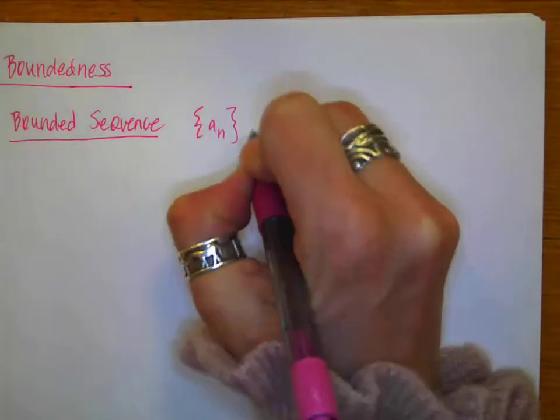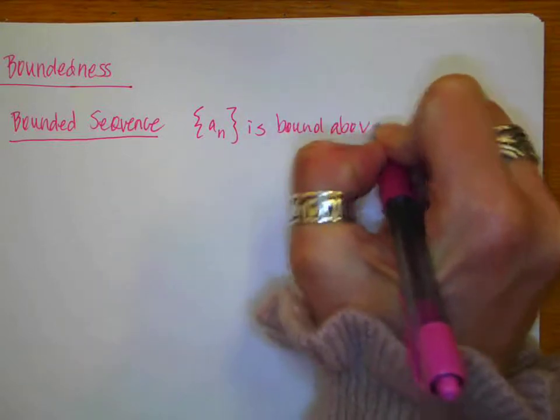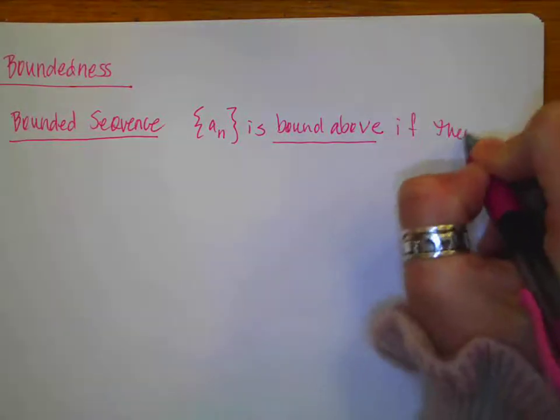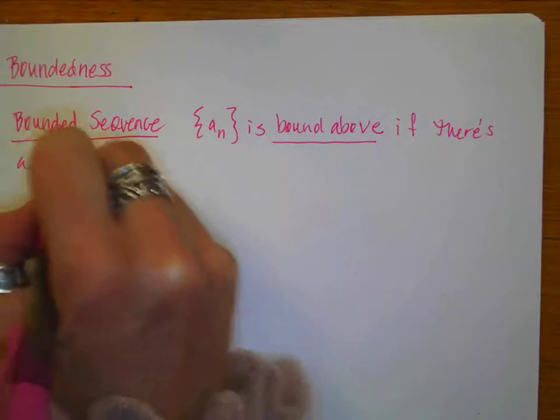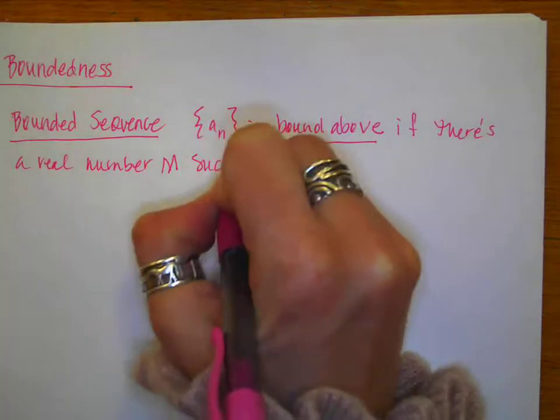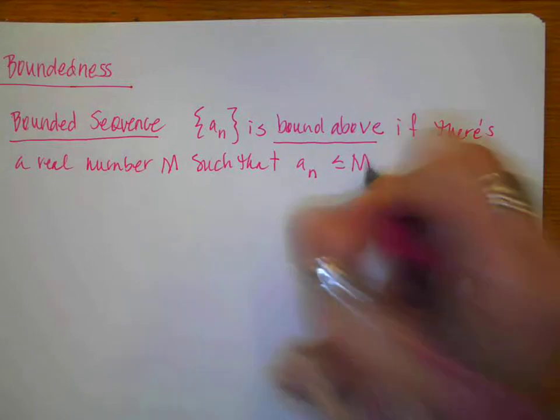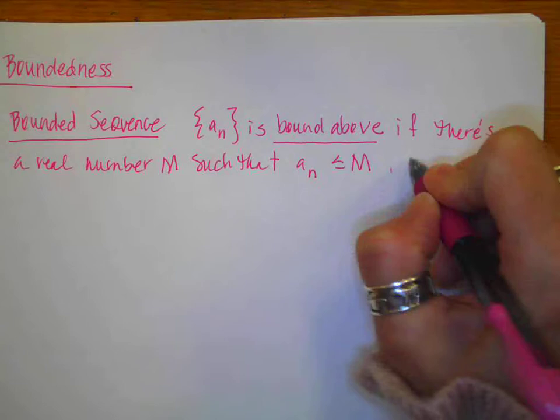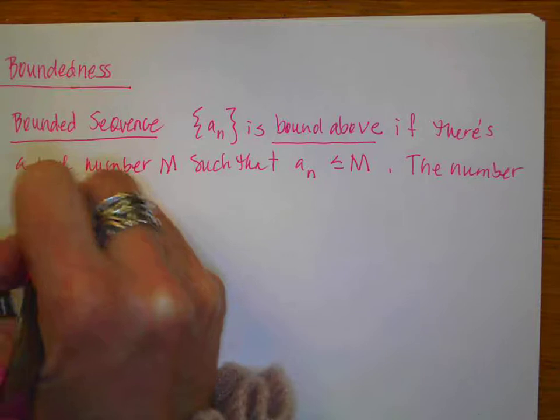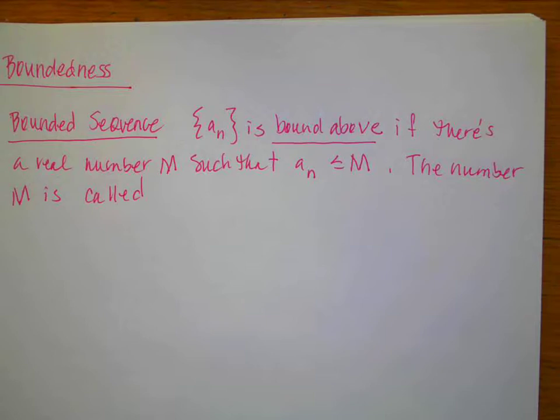We would say that a sequence is bounded, so a sub n is bounded, and we're going to say bounded above, and I'll show you an example of this in just a second, if there's a real number, and we're going to call that real number m, such that a sub n is less than or equal to m for all n, okay? And then we're going to say that the number m is called an upper bound.